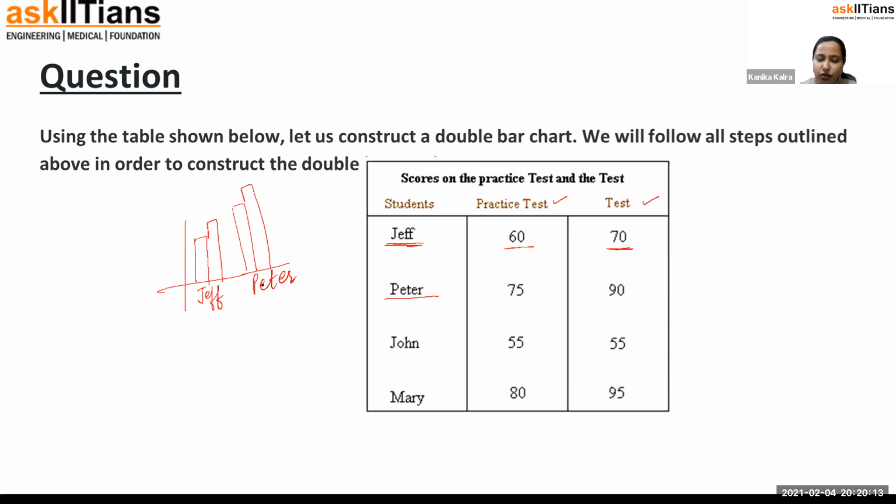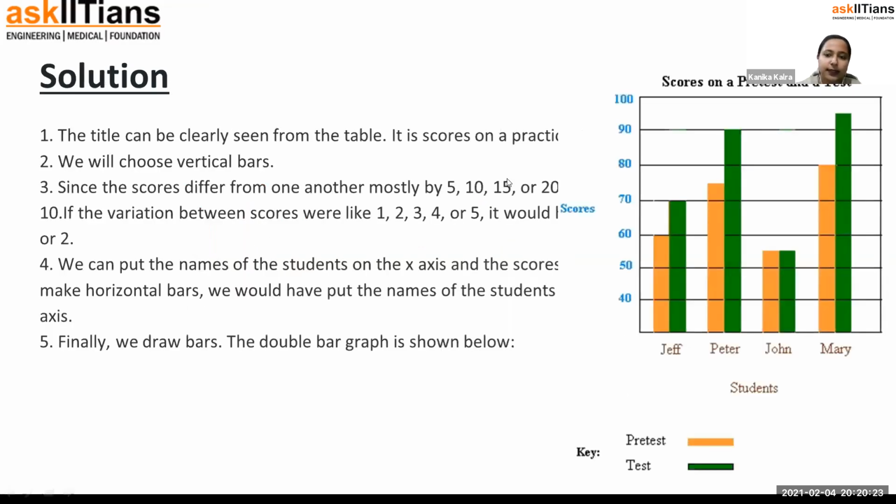I hope you can draw the graph now with all the information and explanation given so far. Now let's look at the final graph they have drawn. So this is how the graph looks. For Jeff, it is 60 and 70.